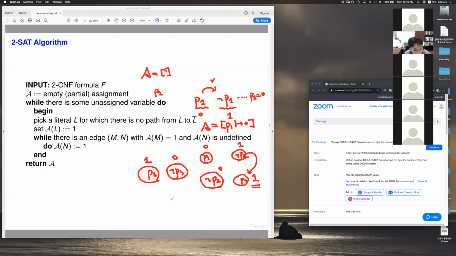You keep doing this until we can't do anything further, and then we go into the outer loop. So this is a nested loop algorithm. It turns out if you keep doing this, then you will always be able to find the satisfying assignment. I will talk more about this algorithm of constructing a satisfying assignment from a consistent graph, and then the correctness of this algorithm, on Wednesday.